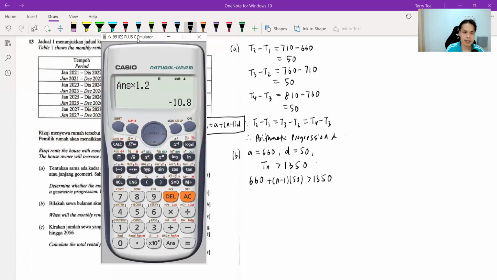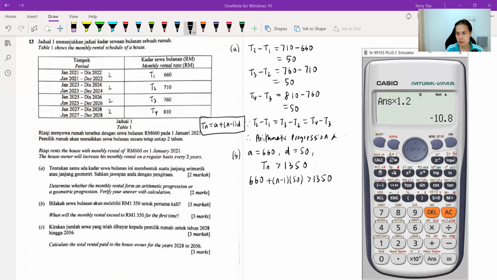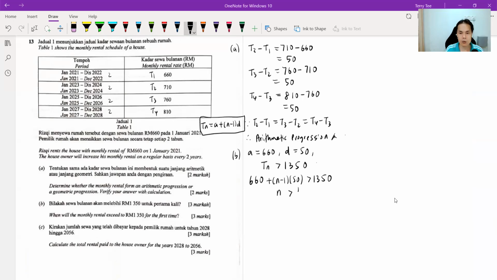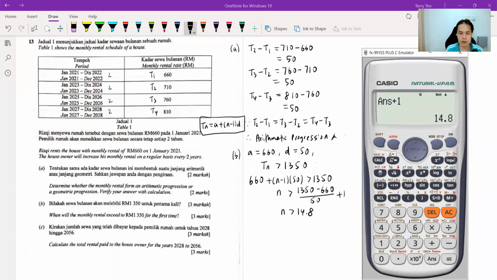Instead of expanding this, I like to bring the 660 over. I take 1350 minus 660, divide by 50, then plus 1. My n is 14.8. Again, that is 1350 minus 660 over 50 plus 1. n is more than 14.8, so n should be 15.